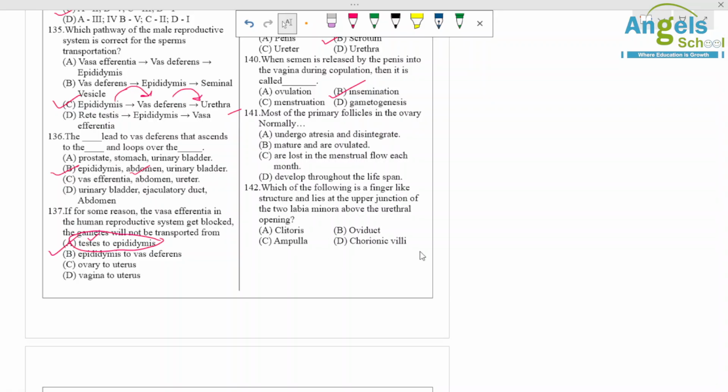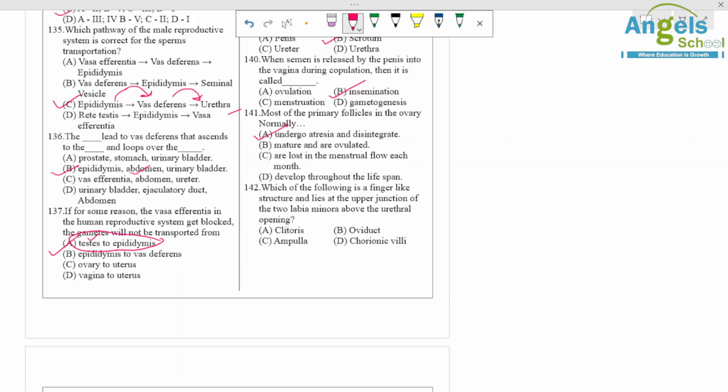Okay, so in the ovary, most of the primary follicles undergo follicular atresia and then disintegrate. Okay, 60,000 to 80,000 are present, but we require only 400 to 450 during the normal female life cycle. So almost all go into follicular atresia; only one is required per month and all the rest disintegrate.